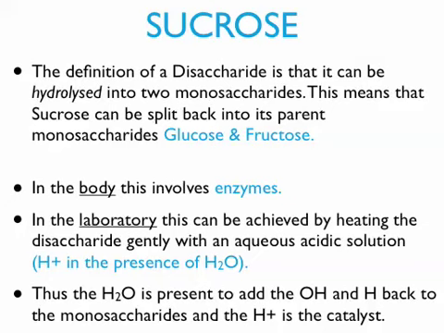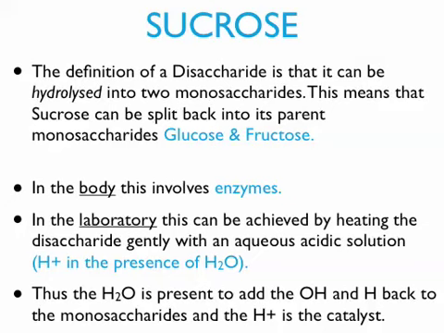In the laboratory, we can achieve this by heating the disaccharide gently with an aqueous acidic solution. Now, remember, aqueous means something is in water, so that's where you get the water from. And here the acid is acting as a catalyst. So the acid is playing the part of an enzyme in the laboratory. It's getting involved in the reaction, but does not alter the reactants or products in any way.